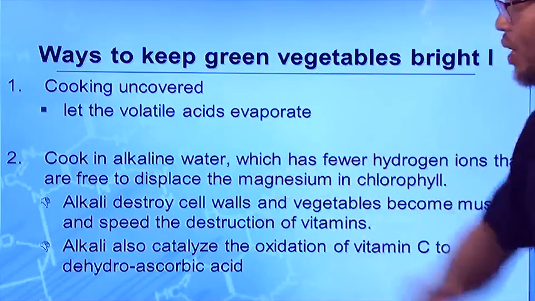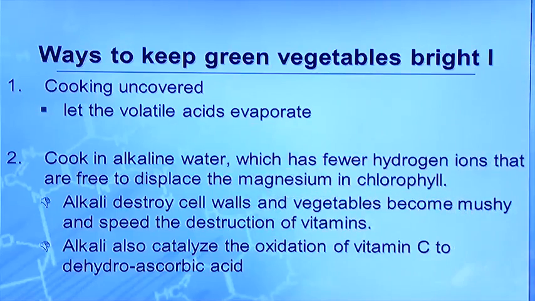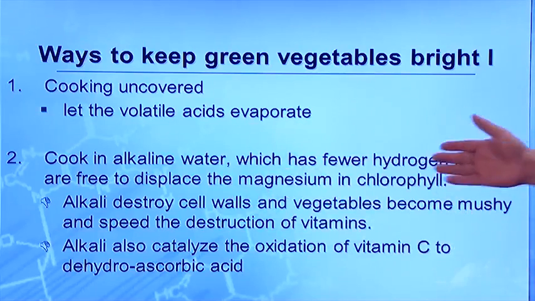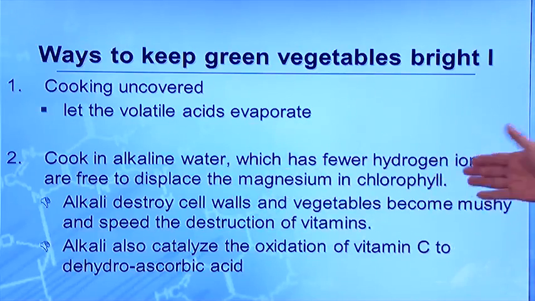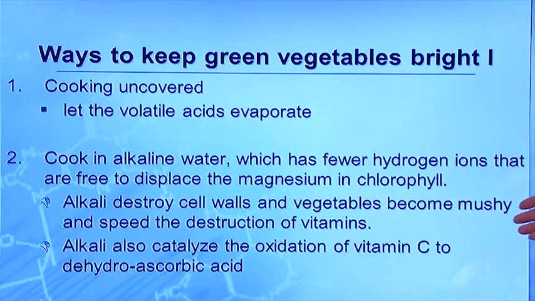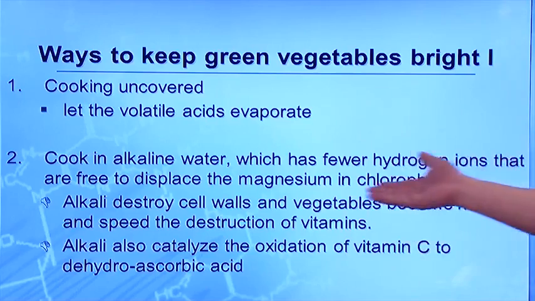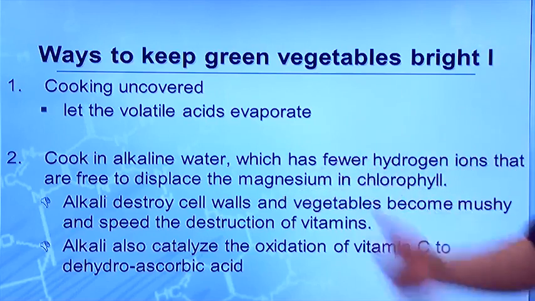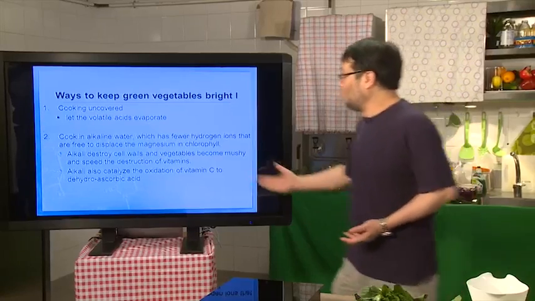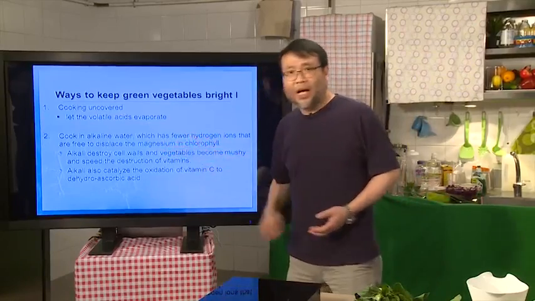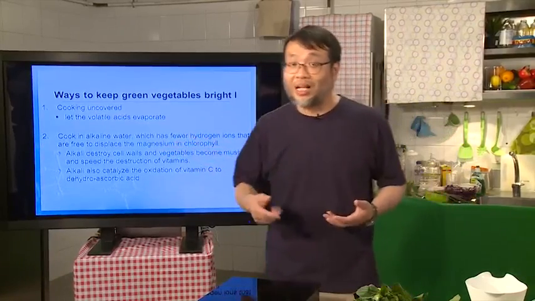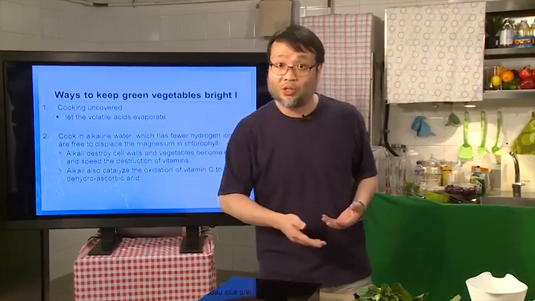We also say that we can cook these plants in alkaline water because in alkaline water, there are fewer hydrogen ions. It's not acidic. So therefore, there are no hydrogen ions to compete with the binding of this porphyrin with the magnesium. So as a result, you keep them green. And you remember that a moment ago we showed how you cook the vegetable in the baking soda solution.